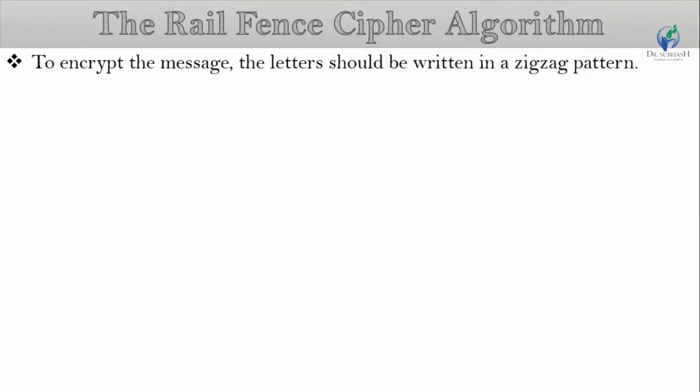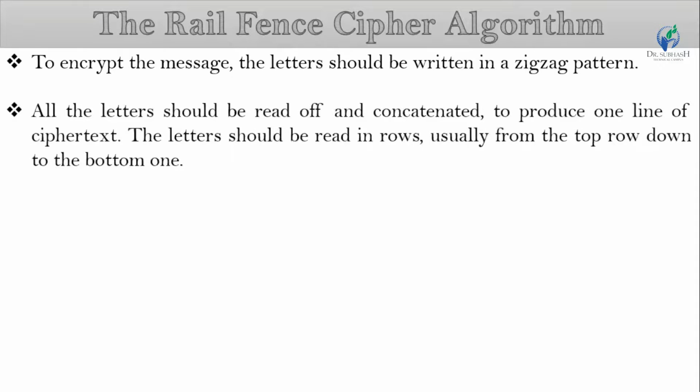To encrypt the message, the letters should be written in a zigzag pattern, going downwards and upwards between the levels of the top and bottom imaginary rails. The shape formed by the letters is similar to the top edge of the rail fence. Next, all the letters should be read off and concatenated to produce one line of ciphertext.